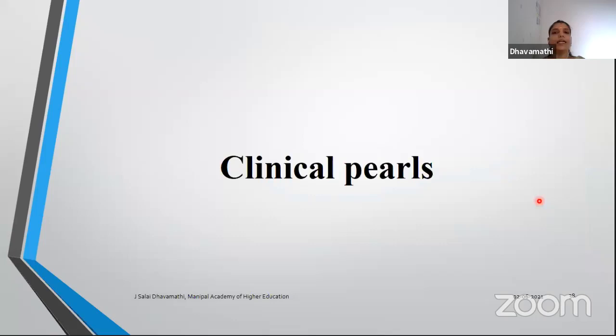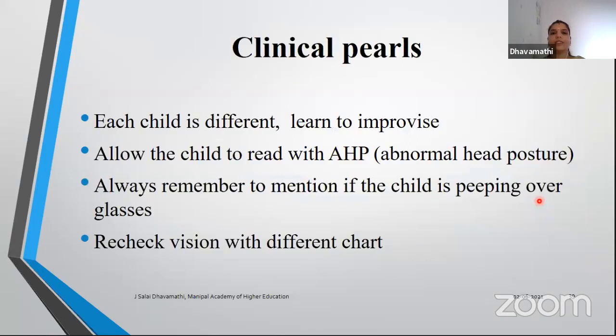Next is the clinical pearl. It is very important to examine the child properly when you are practicing. Each child is different, so you cannot prescribe all the things or do the same examination for all children. Always try to improvise your way of examination depending on the child, and allow the child to read with the abnormal head posture.